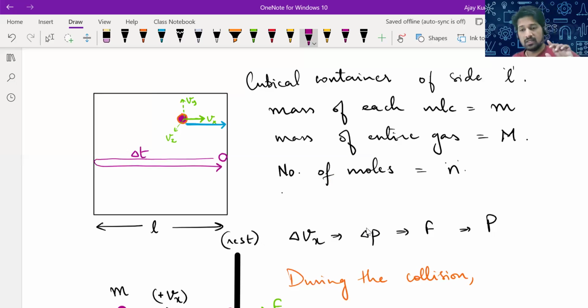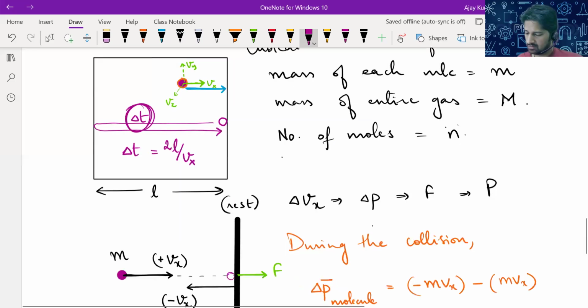So after every interval of delta t, and see, speed is distance by time, time is distance by speed. So distance divided by speed. Not L actually, it has to go L backward, another L forward. So 2L divided by Vx. After every interval of this much time, that molecule will collide with this wall.